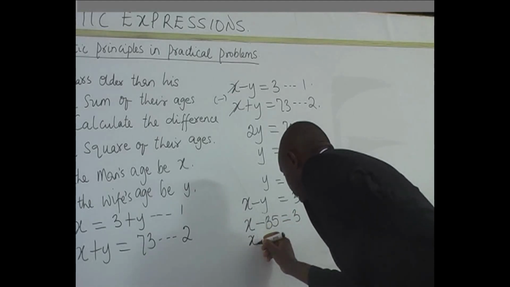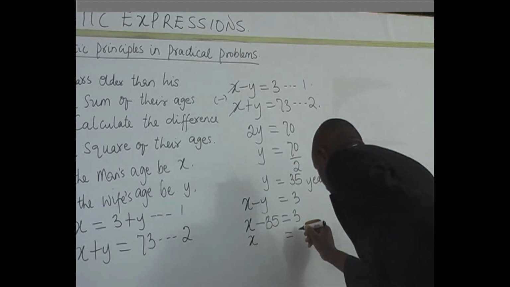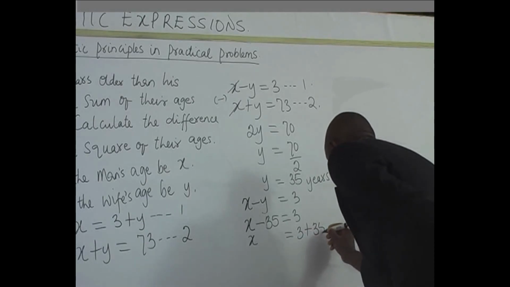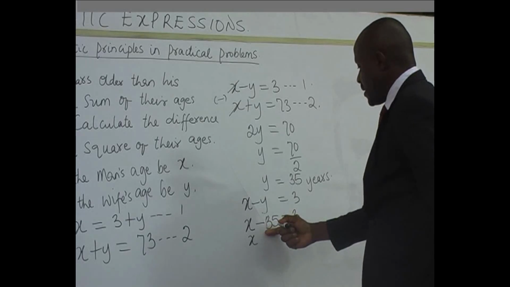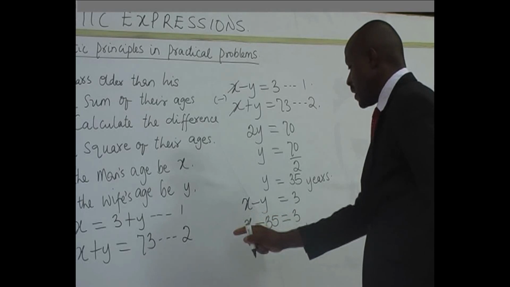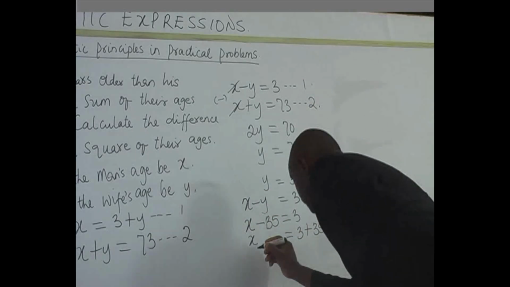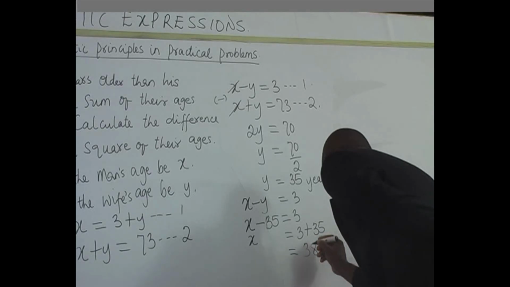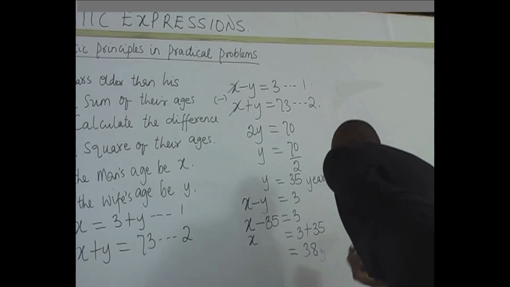Therefore, X will be equal to 3 plus 35, adding 35 to both sides of the equation to eliminate minus 35 from the left-hand side of the equation. X will now be 38.